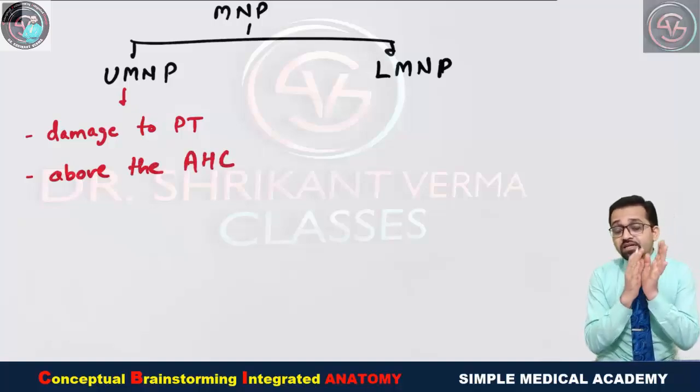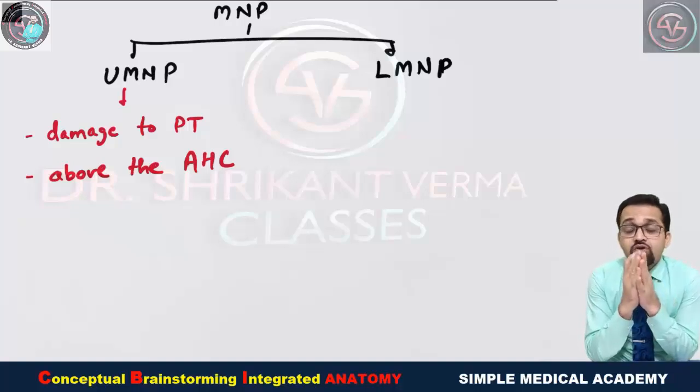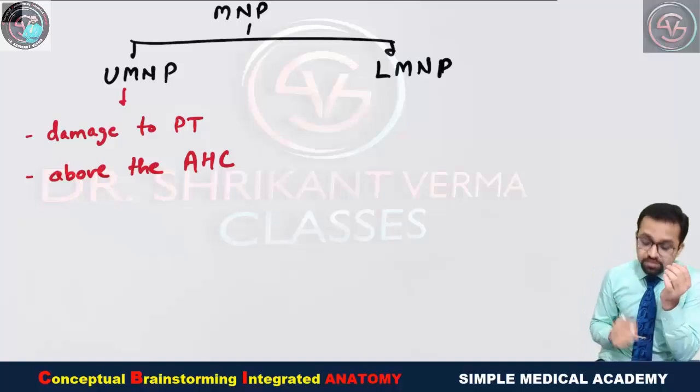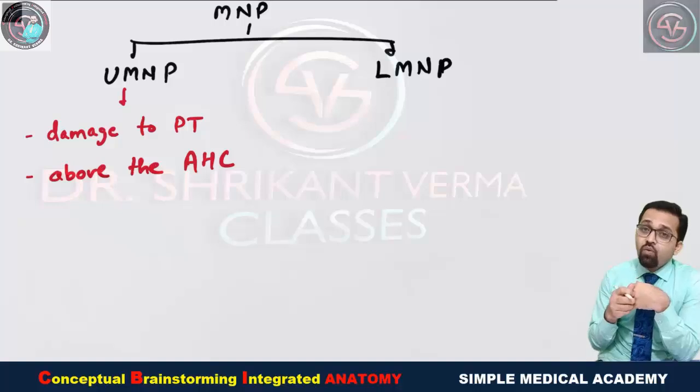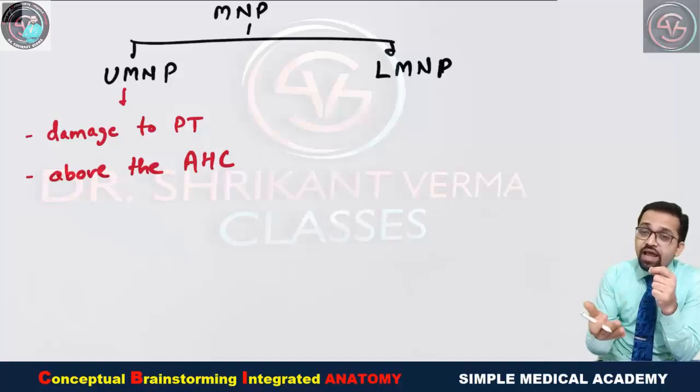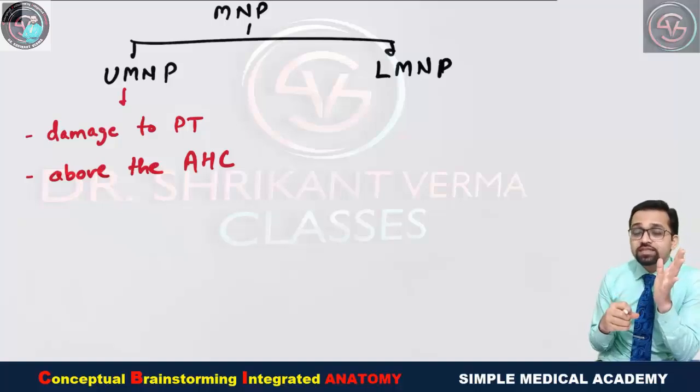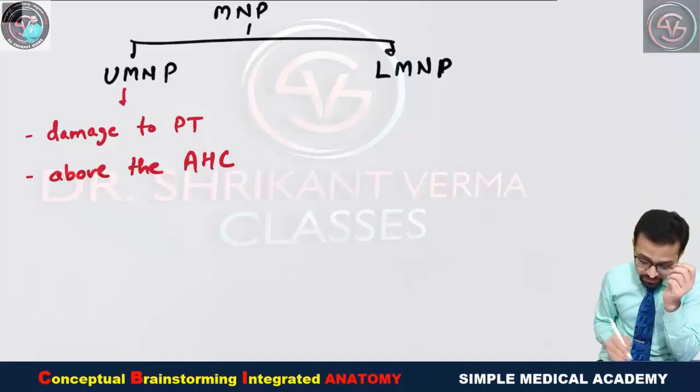Remember, pyramidal tract का डैमेज है, lateral corticospinal tract का डैमेज है, but above the anterior horn cell, this is known as upper motor neuron paralysis. And we already saw the definition of the upper motor neuron. The motor neuron, the pyramidal tract above the anterior horn cell is known as the upper motor neuron, और इसका अगर डैमेज हो जाता है तो इसे हम अपर मोटर न्यूरॉन पैरालिसिस कहते हैं.